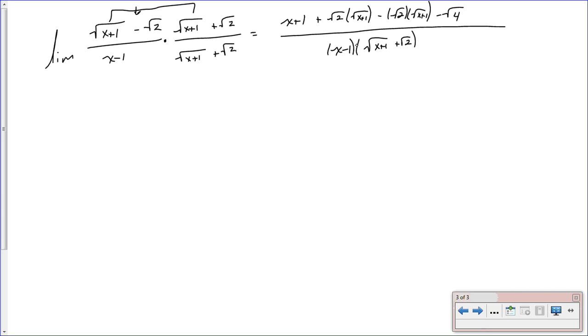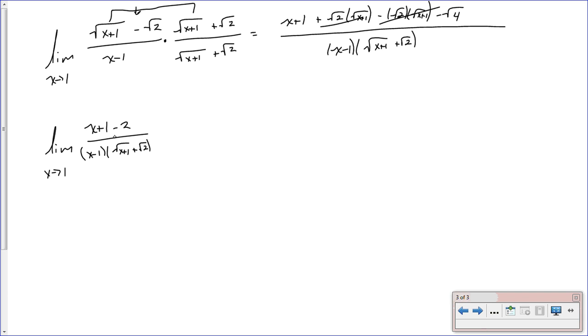Alright, now let's get some of that mess out of the top. So this is going to go to the limit as x approaches 1 of x plus 1. This and this cancel out. The square root of 4 is 2, so this is going to be minus 2 over x minus 1 times the square root of x plus 1 plus the square root of 2.